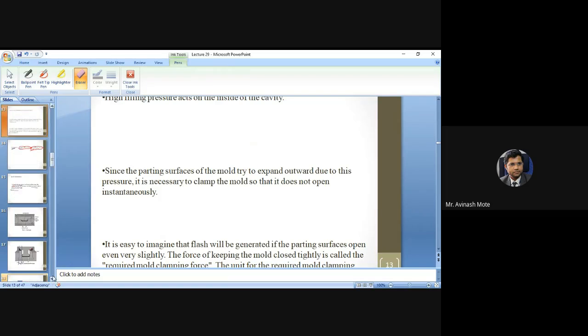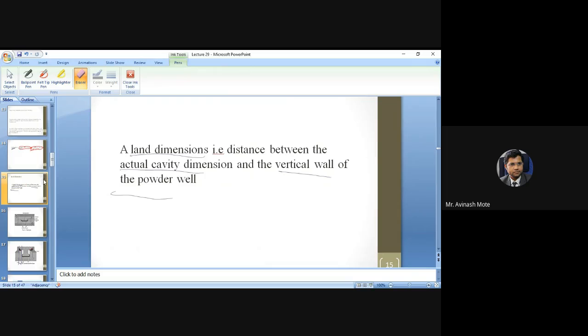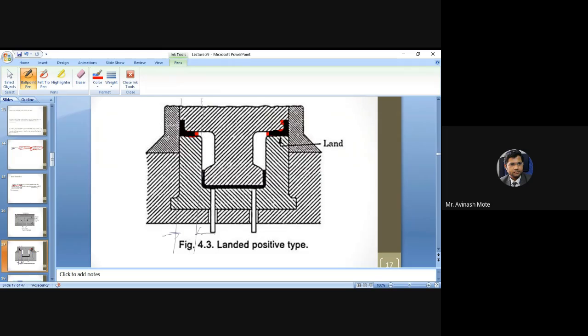Then we have seen the different aspects of clamping force, and then we went to the land dimension. Land dimension is nothing but the part where the top mold is landing.